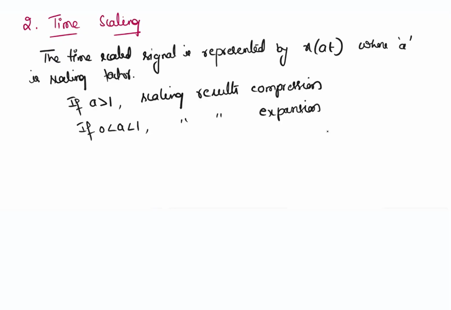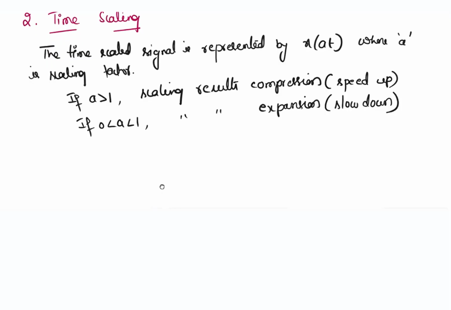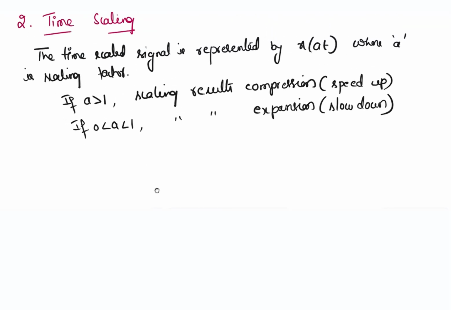Compression of the signal and expansion of the signal time-wise, you must remember. So compression speeds up the signal and expansion slows down the signal. I'll explain by taking this signal.